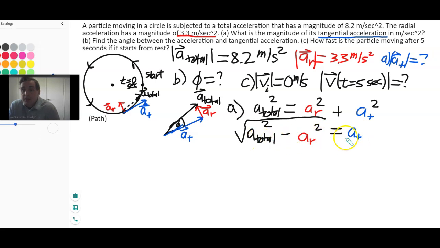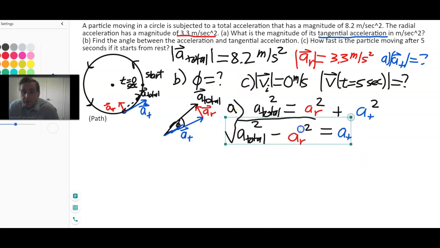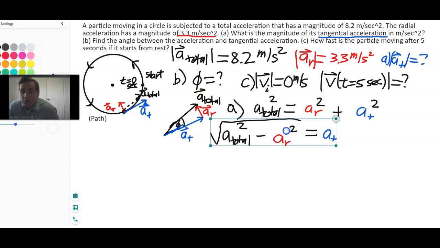Okay, so let's put in the numbers because we should be able to get this tangential acceleration. In fact, I want to move this over just a bit so I have a little more room so I can fit this in. Okay, so this is the square root of, let's see here, the total acceleration was 8.2 meters per second squared.